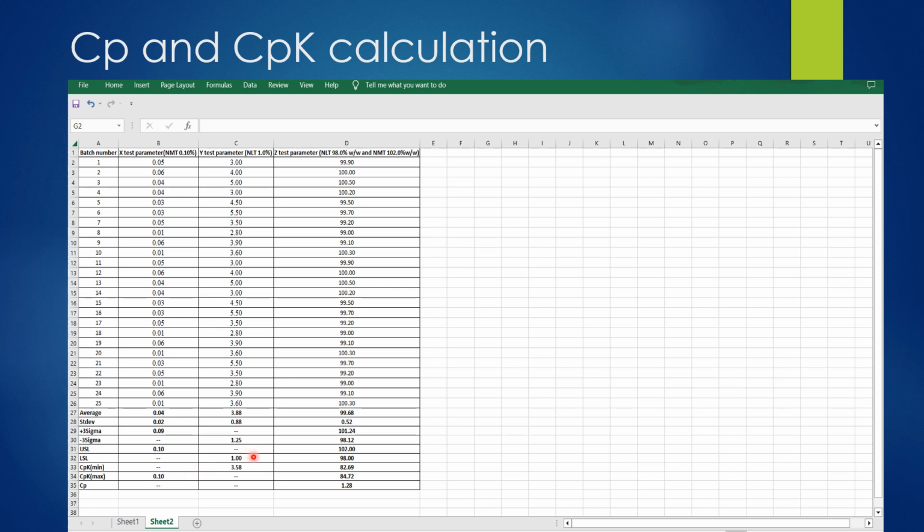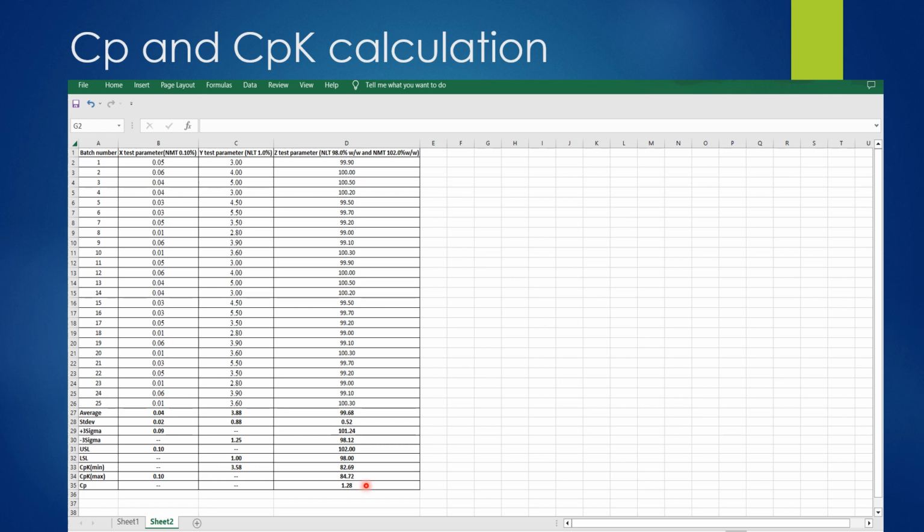For the lower specification, I applied the formula average minus LSL divided by 3 into standard deviation. And as I have both minimum and maximum range, I take minimum as well as maximum in both cases, and the Cp value. I applied the formula and got the result over here.